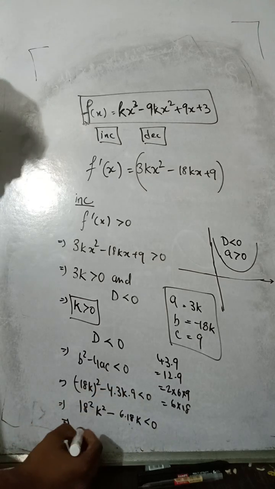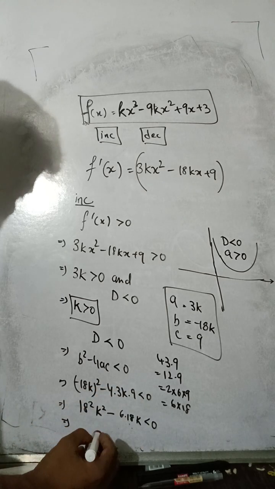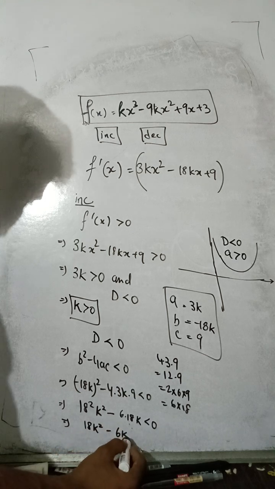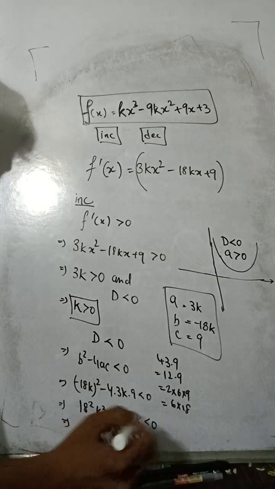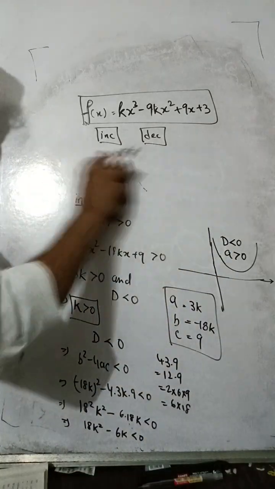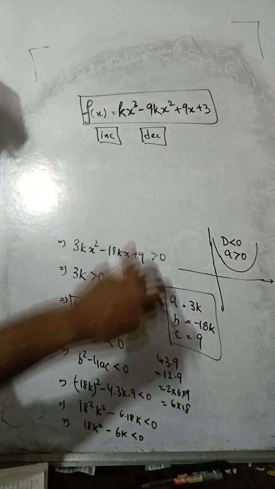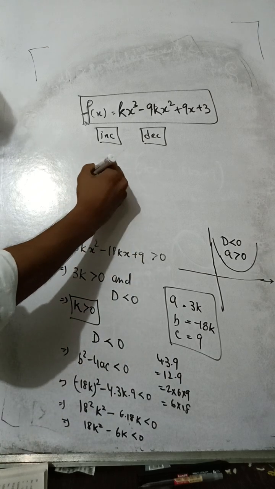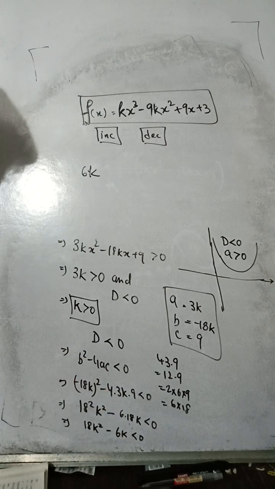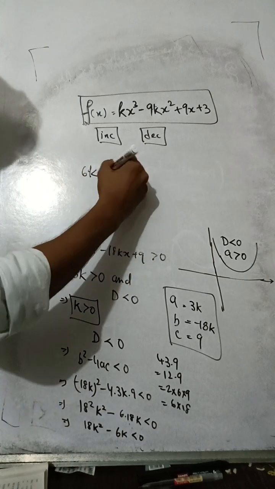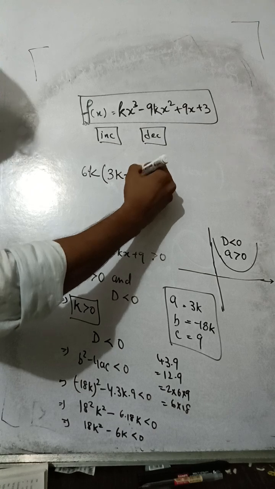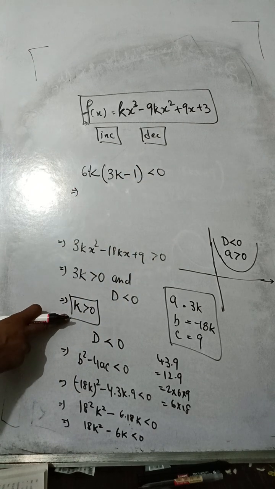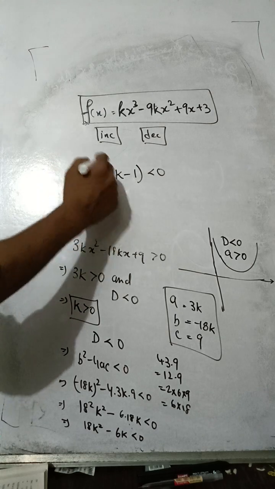Now we divide the entire thing by 18. So we get 18k squared minus 6k is negative. If we factorize it, we get 6k times (3k minus 1) is negative. Now we already know that k is positive, so 6k will always be positive.